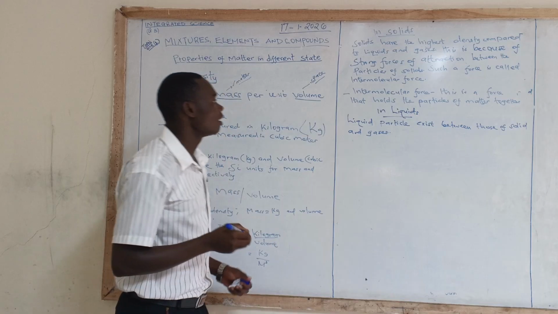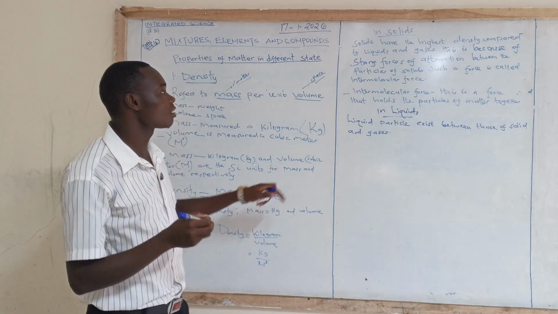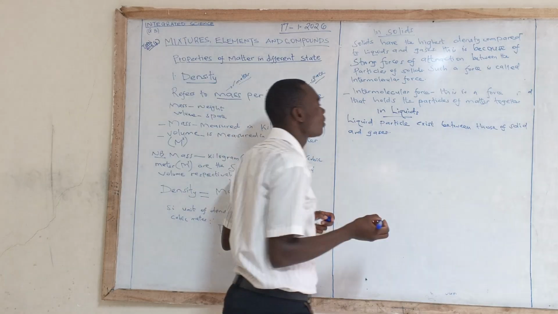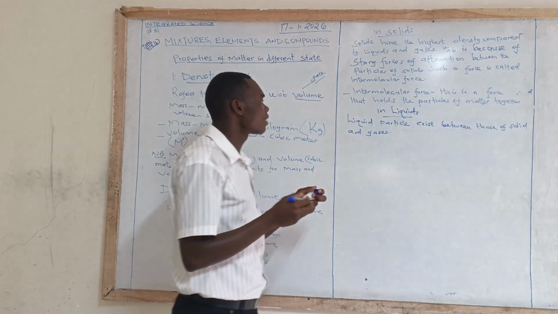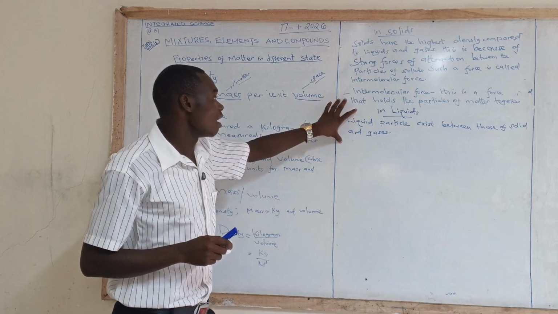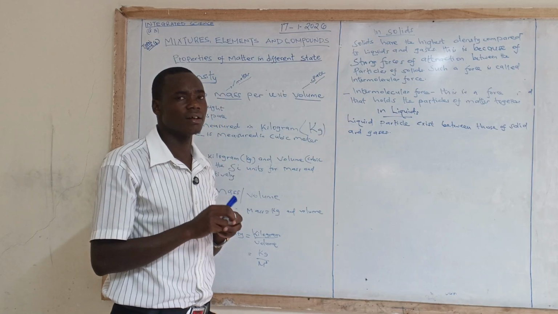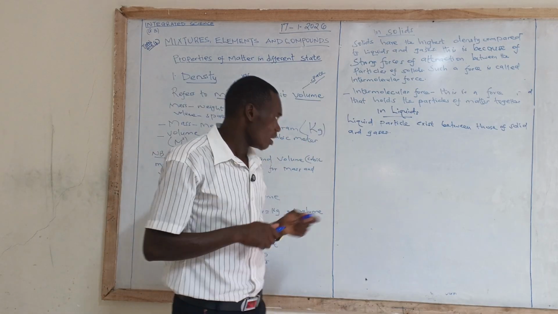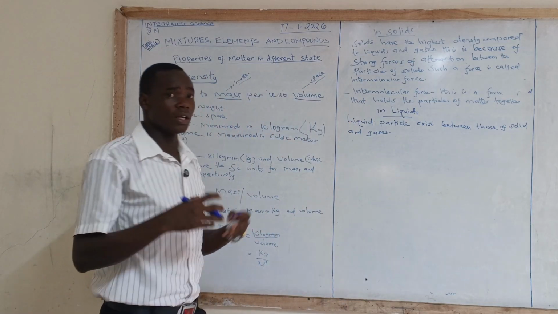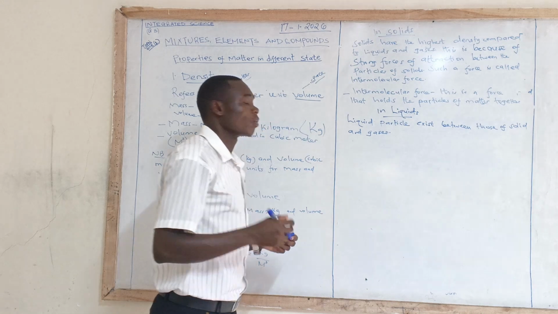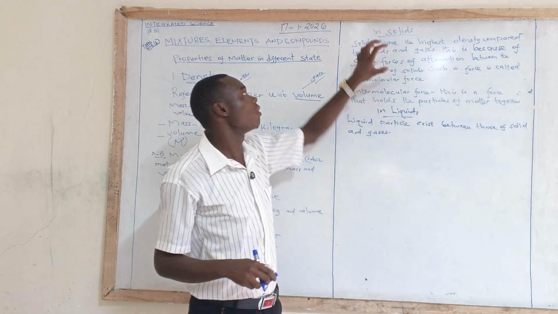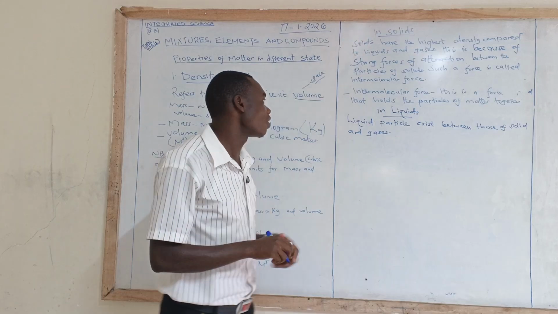An example of such a liquid is water. Look at the density of water. You realize that the particles of water are weakly held by these forces. These forces hold the water molecules in a weaker manner. Therefore, we realize that the density in liquid is lower as compared to those of solid.